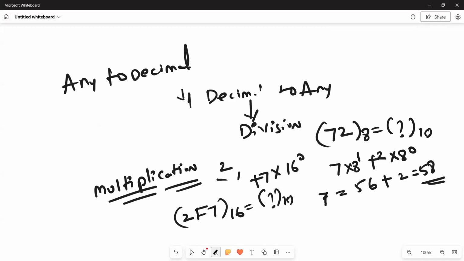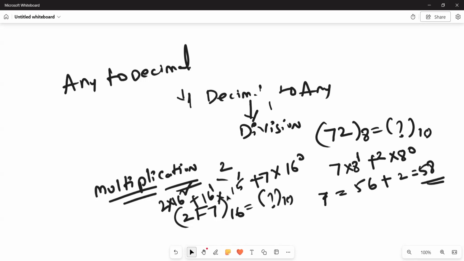So here you got F, and F is nothing but 15. So 15 into 16 power 1 plus 2 into 16 square.